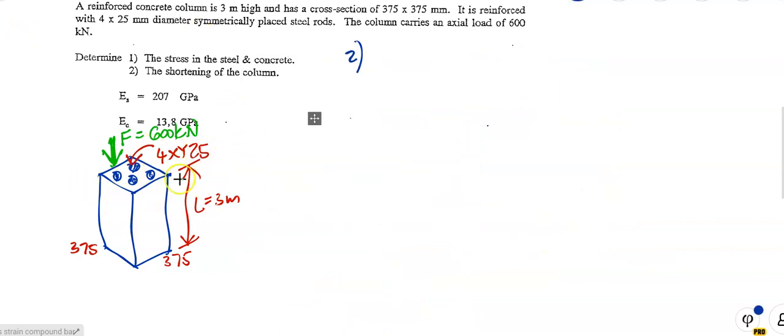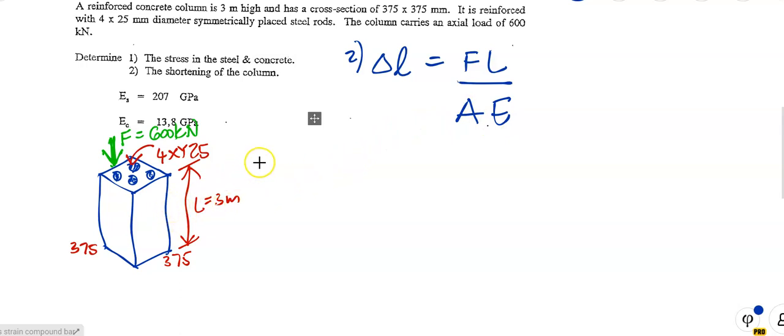Right, people, we know from the previous part A that the shortening delta L is equal to the load times L over the area over E. But this is for single materials only. Remember, the materials are acting together.